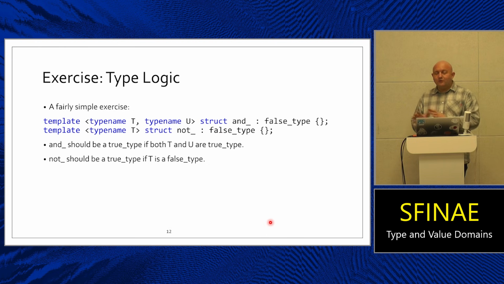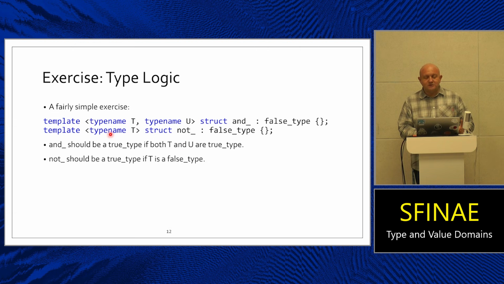Before we move on to SFINAE, let's pause for a small exercise just to make sure we are all on the same page with partial specialization. We'll write our own logical types: and, not. You see, AND for any T and U is false; AND must be true only if T is true_type and U is true_type.